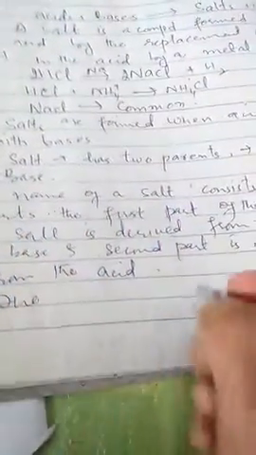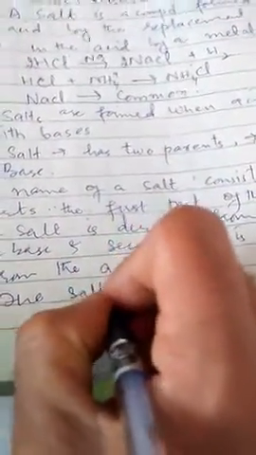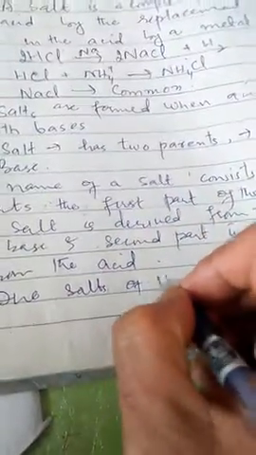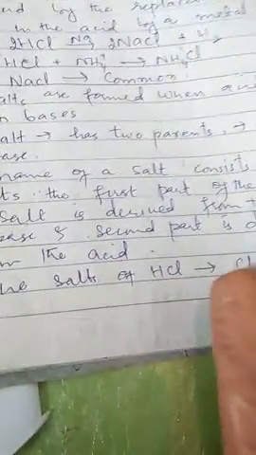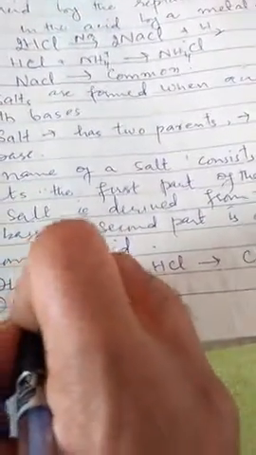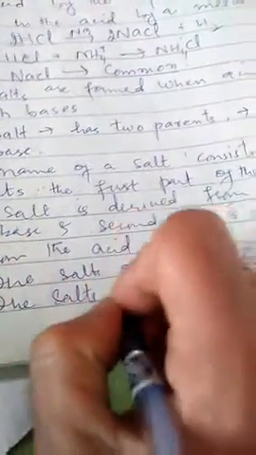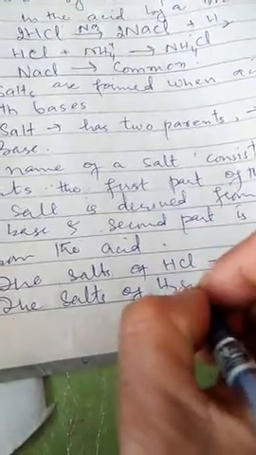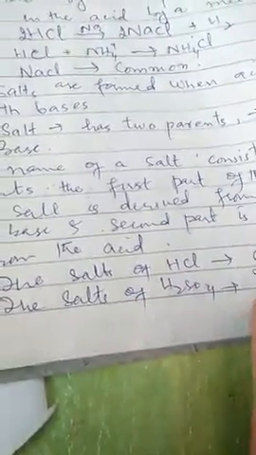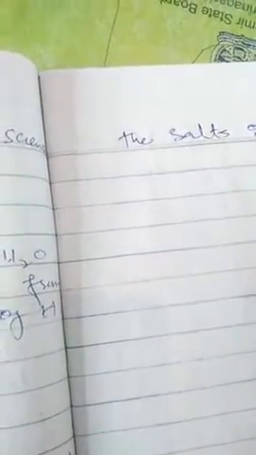The salts of hydrochloric acid are called chloride salts. The salts of sulfuric acid are called sulfate salts. The salts of nitric acid, HNO3, are called nitrate salts.